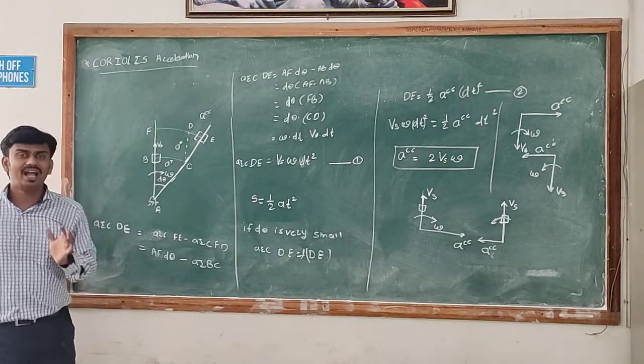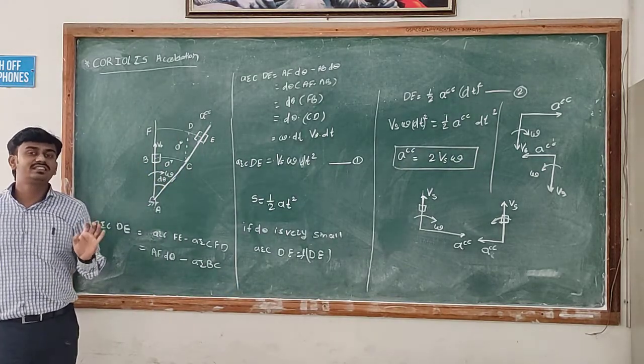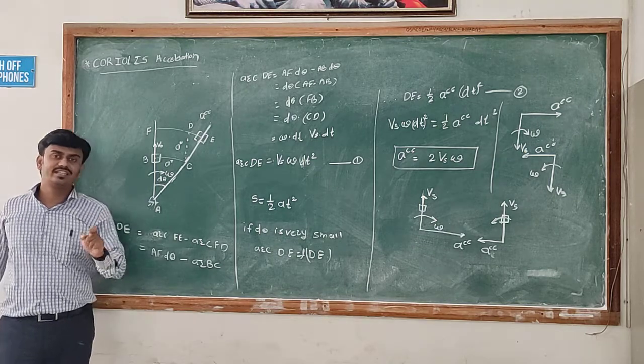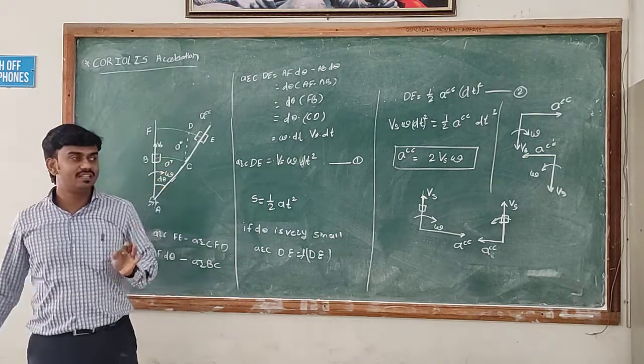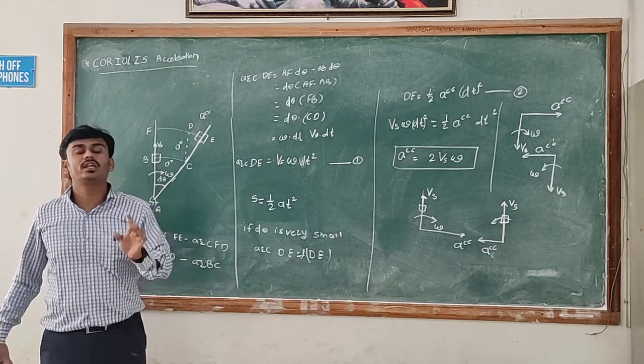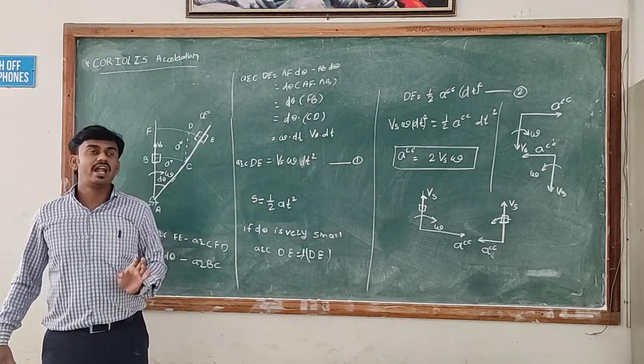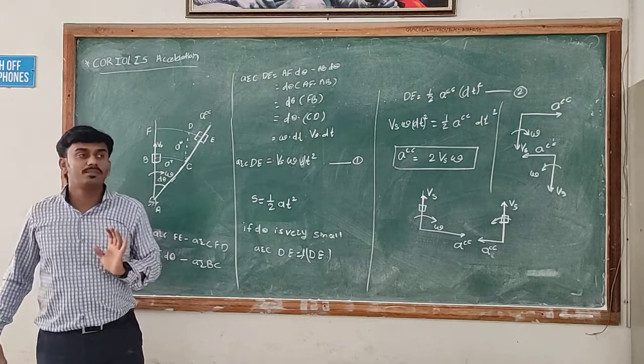And its direction is decided as follows: the direction of the Coriolis component of the acceleration is 90 degrees to the direction of the link and it is in the direction of rotation of the link.